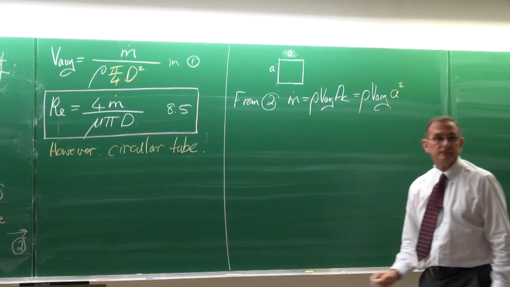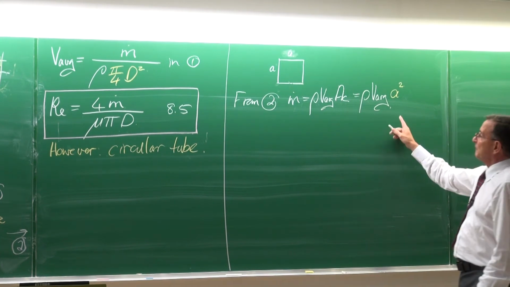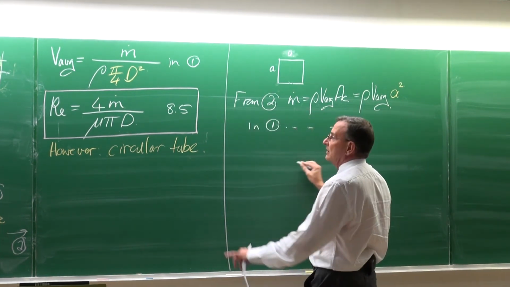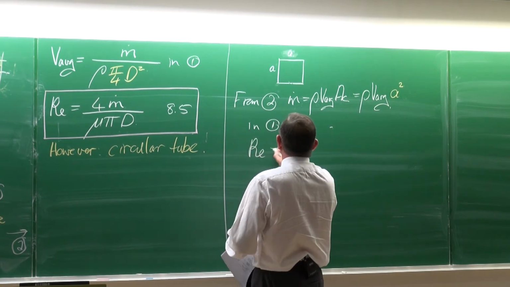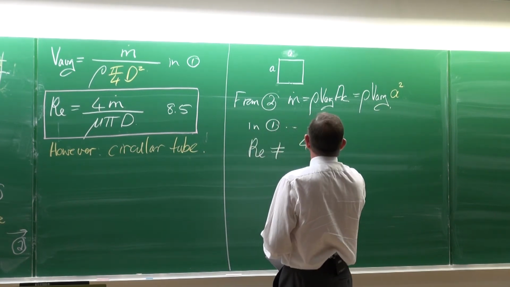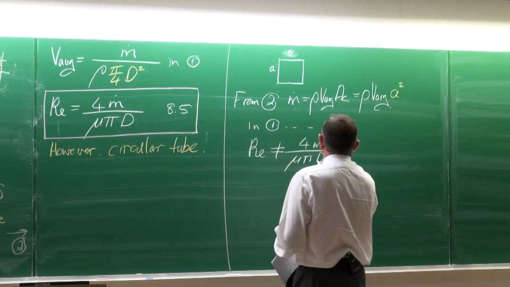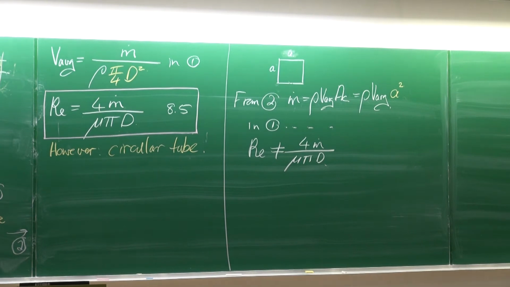You see? Therefore, if you put this into equation 1, you are not going to get that the Reynolds number is equal to 4 times the mass flow rate divided by the viscosity pi d. You see that? So you have to be careful.